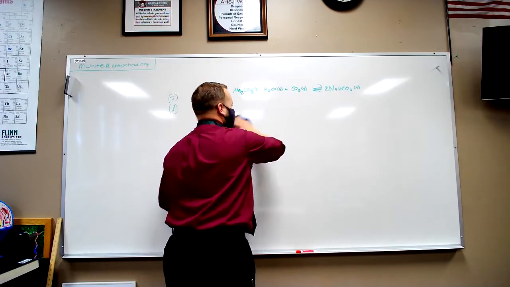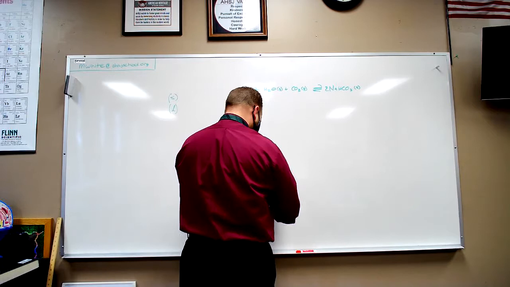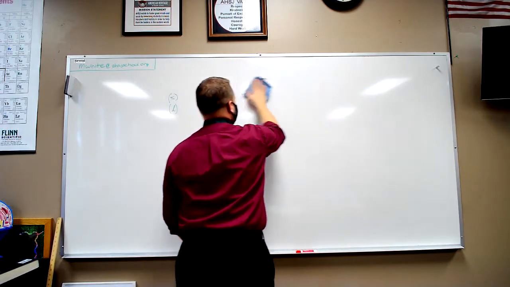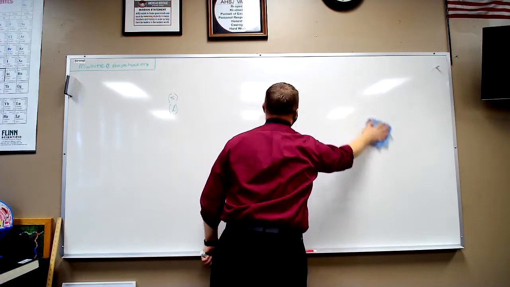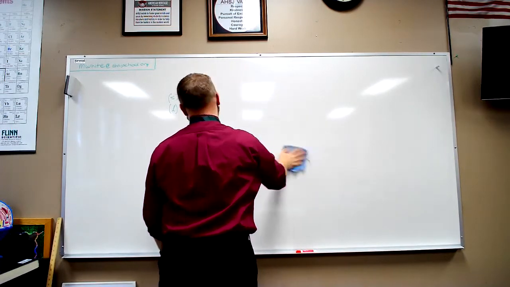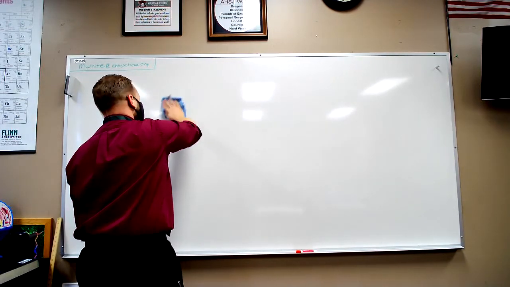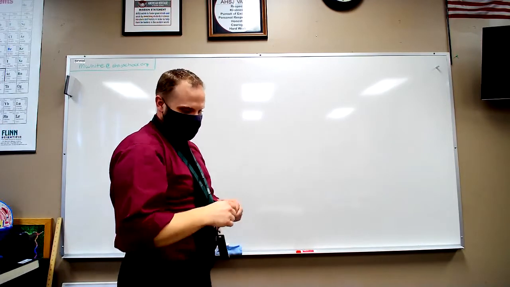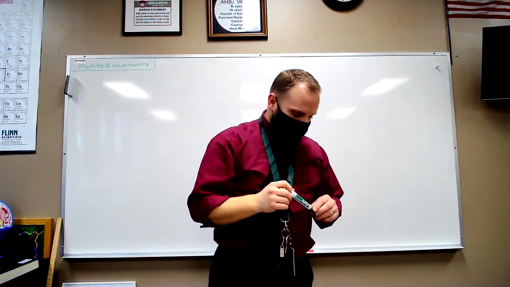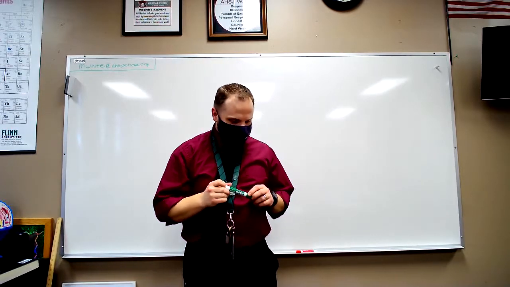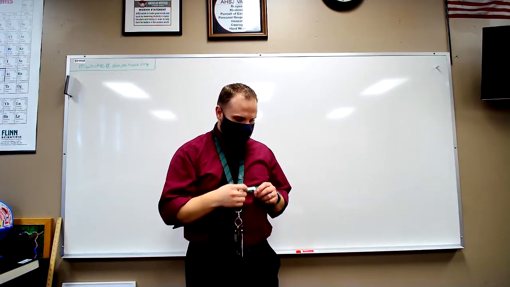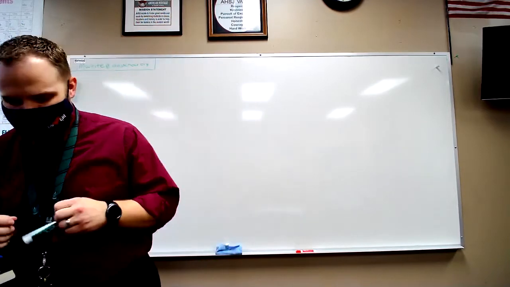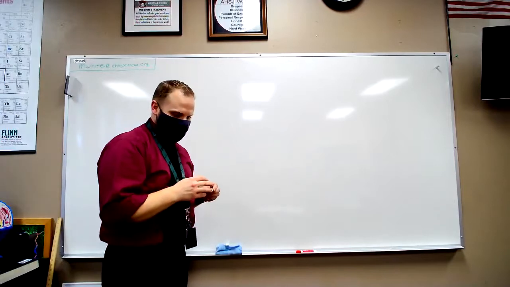Once again, these K values have to be determined experimentally. We have to actually look at the reaction at equilibrium in order to determine what the K value is. And we can look up a bunch of K values.